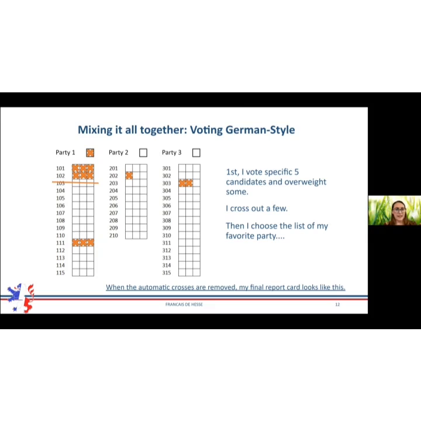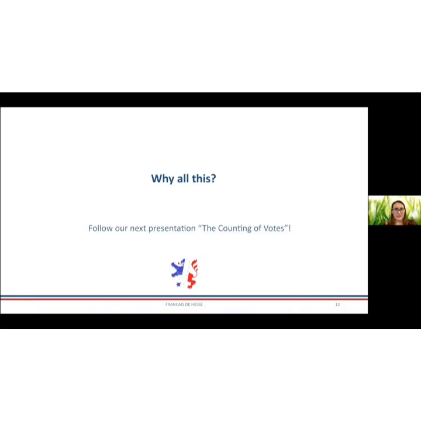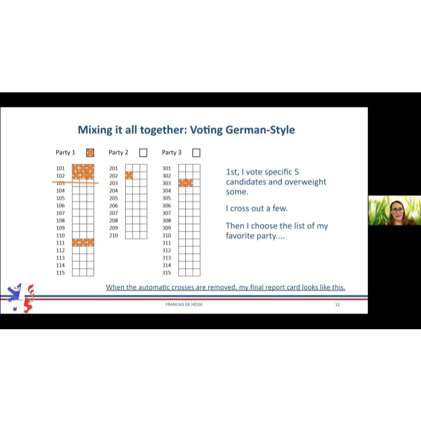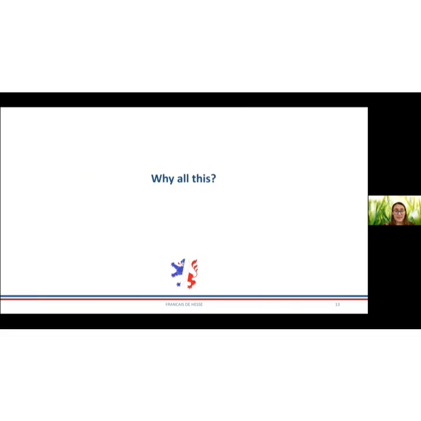In the end, when they count, they will first see that you have allocated 9, sorry, very bad with counting, so it's 12 voices directly, and there are 3 left. So the 3 will go to candidates 104, 105, and 106, because they're on the list of the party that you liked.